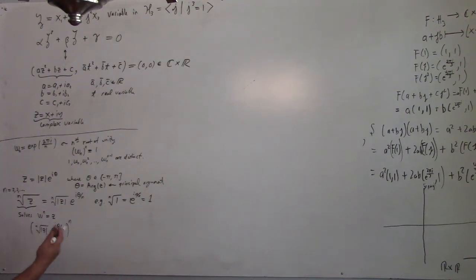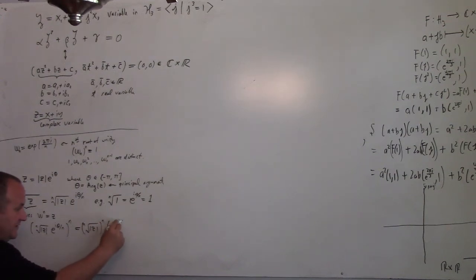Now, properties of complex arithmetic. This is a real number times an imaginary exponential. So that gives you the nth power of this real number, and then times the nth power of e to the i theta over n.